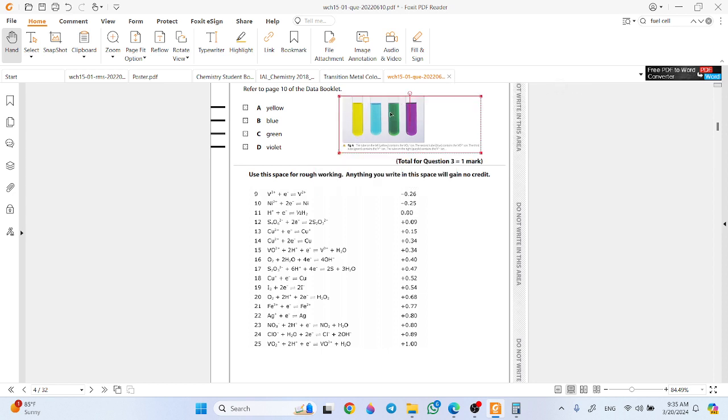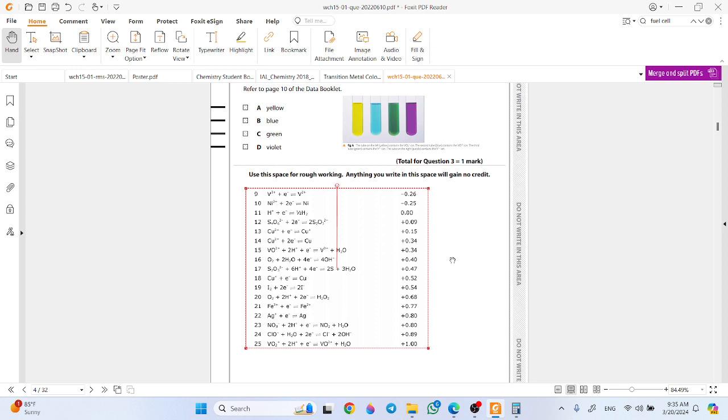Now the thing is this, children, now you can see that S2O3 appears there on the right hand side of the equation. That means definitely S2O3 must be oxidized, because the other one should be reduced. Now look at this, E cell value is plus 0.09.